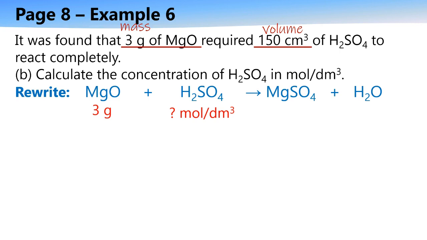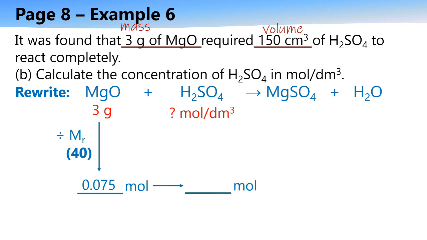Same thing, I can find the moles first from magnesium oxide, and we have found it just now, 0.075. Now, using the mole ratio, how many moles of sulfuric acid reacted? The mole ratio is once again 1:1, so I'll also get 0.075 moles of sulfuric acid reacted.